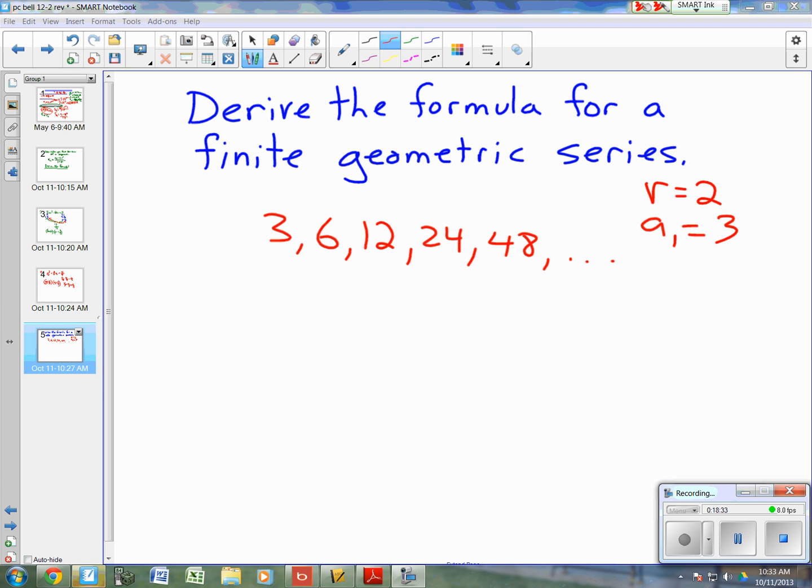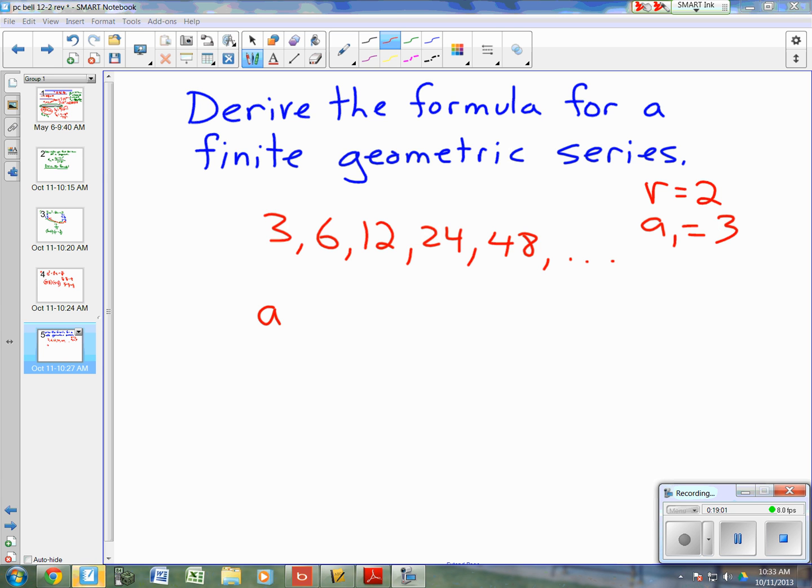Okay, so what we're going to do is, there's a little formula that says if you want to find the next term in a sequence, you're going to have a sub 1, right?